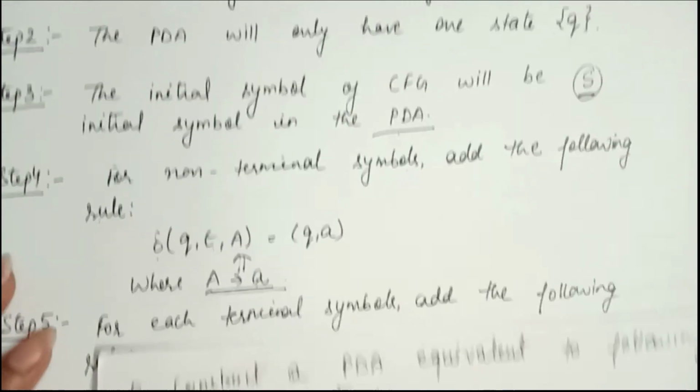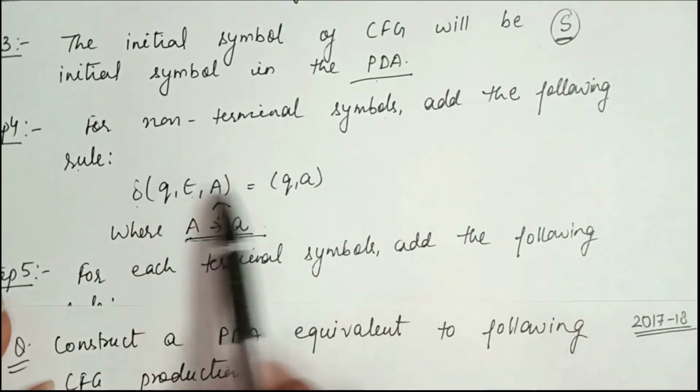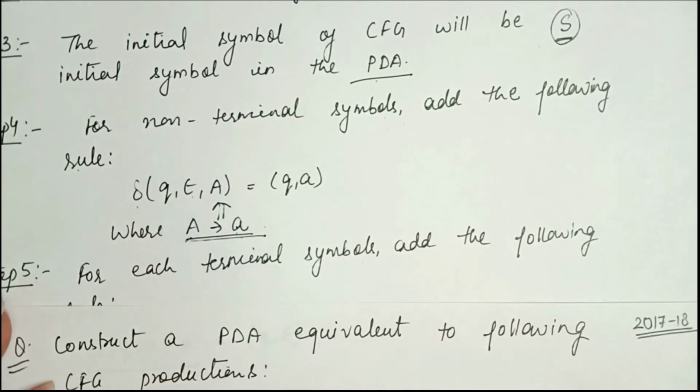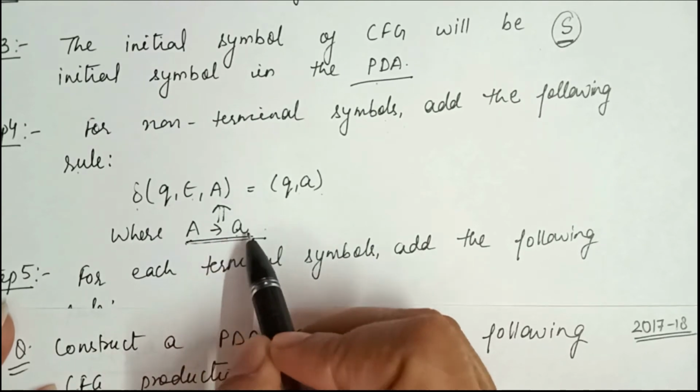How do we write this? For each non-terminal symbol, add the following rule: transition of (q, epsilon, A) equals (q, α), where A derives aα.